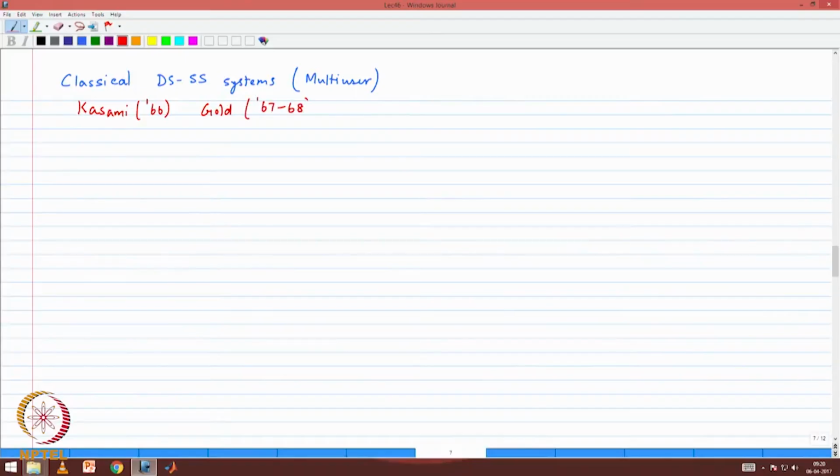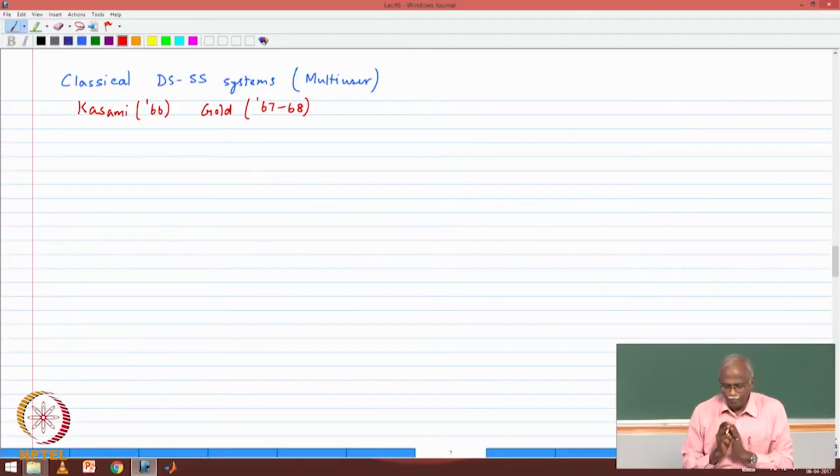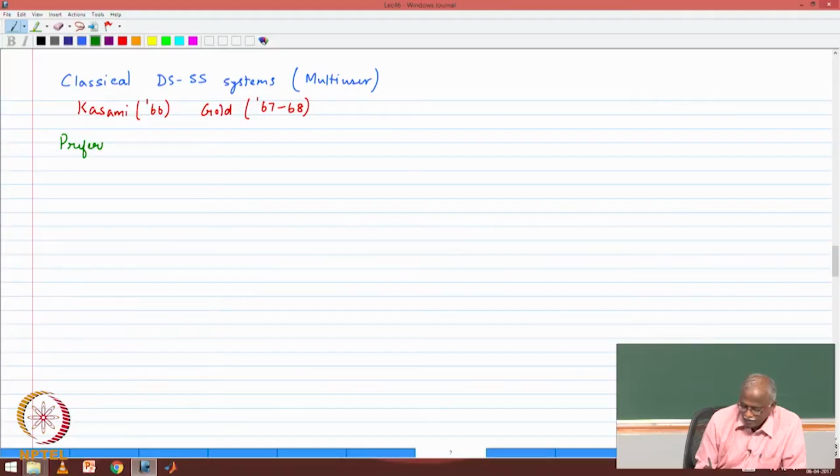They came up with a scheme which pretty much said you can use direct sequence spread spectrum for a multi-user environment. Basically, what they were going to do was propose codes. The scheme was very simple, but having understood it, I want you to be able to say, oh, I know that, this is nothing surprising. I want you to get to that point. So they came up with something called preferred sequences. Keep in mind it's a multi-user scenario and they are trying to design a system where you have good correlation properties between the codes.